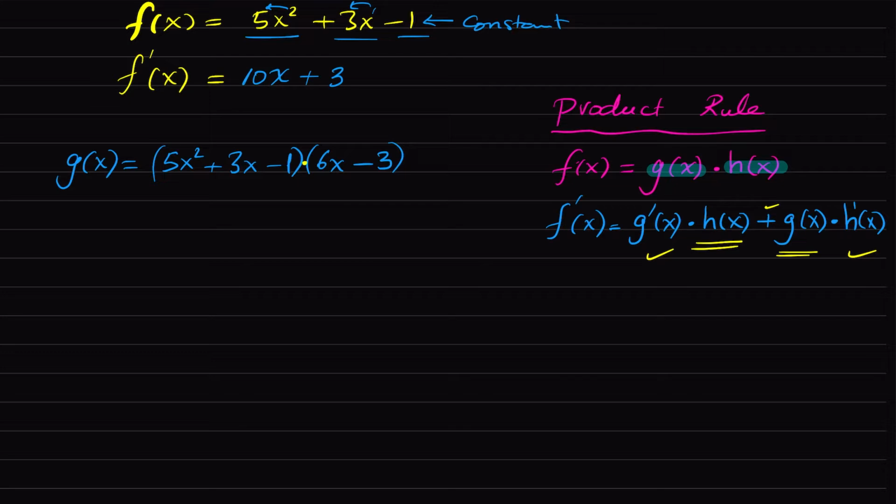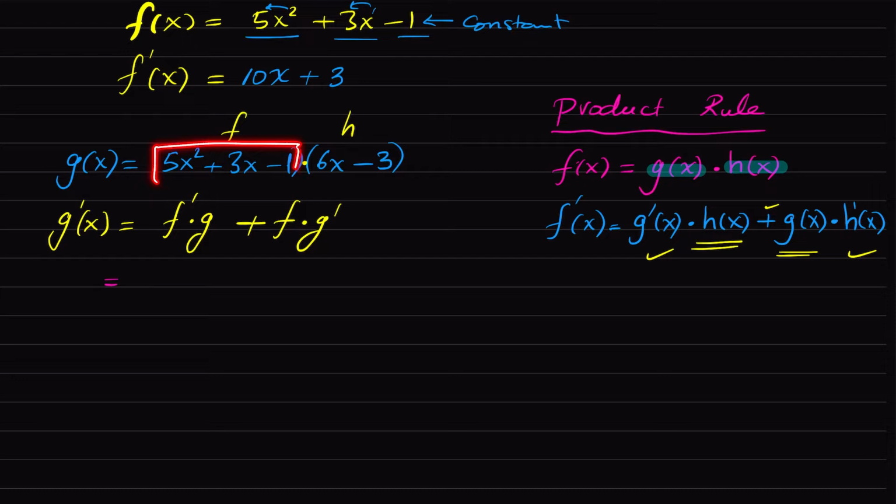So here if we look at this function, again, it's two polynomials multiplied by each other. So we will consider this as f and this as, for example, g of x. So the derivative g prime of x: we will do the derivative of the first function multiplied by the second function, plus we will keep the first multiplied by the derivative of the second. So we will do the derivative of f normally.